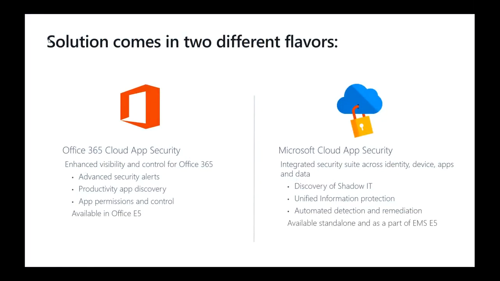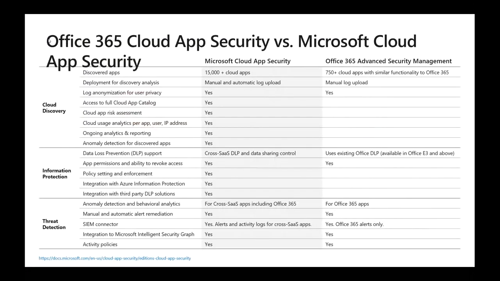The Microsoft 365 suite offers you Cloud Application Security at two different layers. One is Cloud Application Security Discovery, which is offered as a part of your Office 365 suite. And the other one is Microsoft Cloud Application Security, MCAS, which is a part of the premium products E3 and E5. What exactly is the difference? The difference is massive.